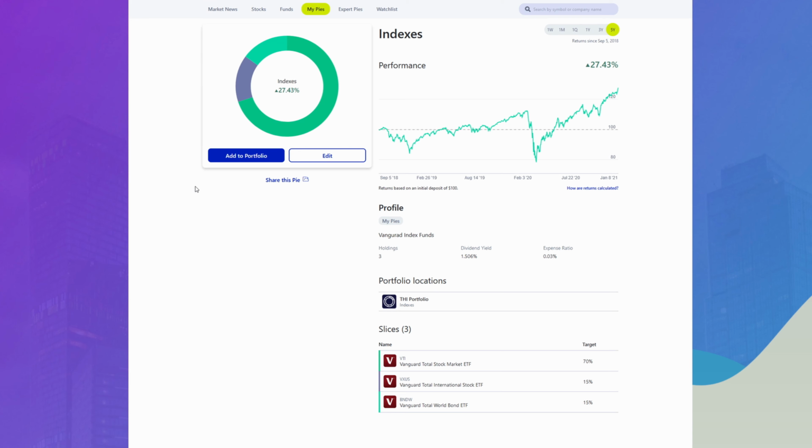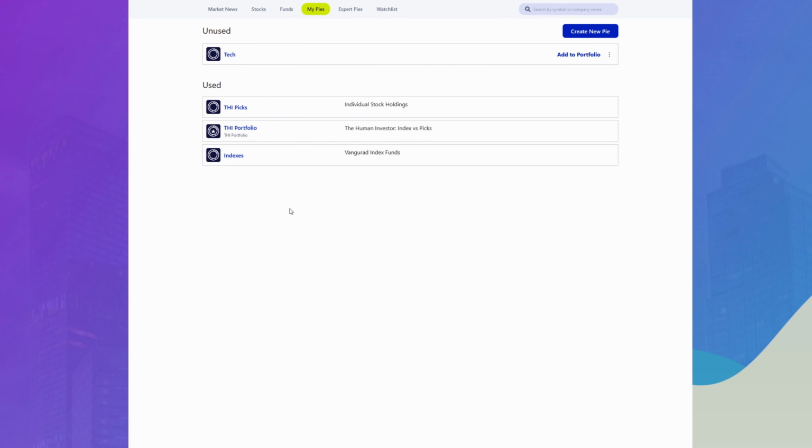Now, these 3 funds are going to be half of the portfolio. If we go back to pies here, we also have the Human Investor Picks. So these are my individual stock holdings. Now, the indexes and the picks pies were used to create the portfolio.